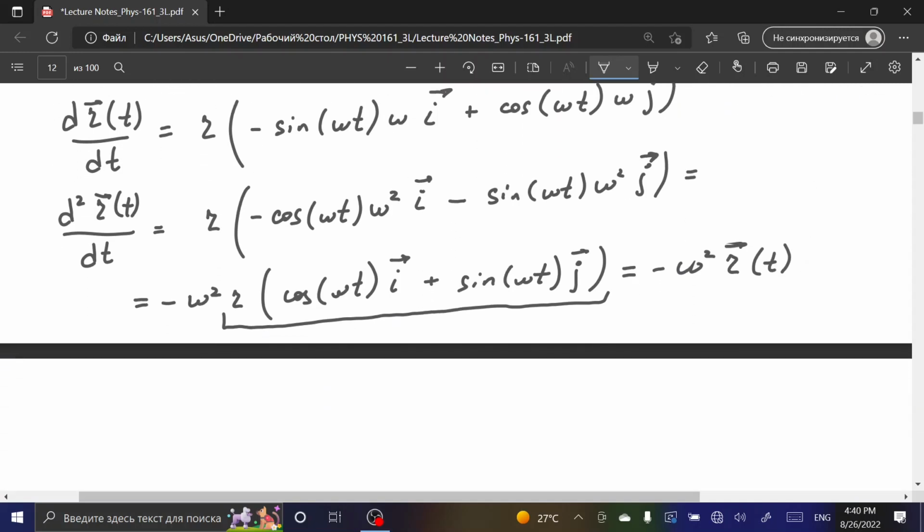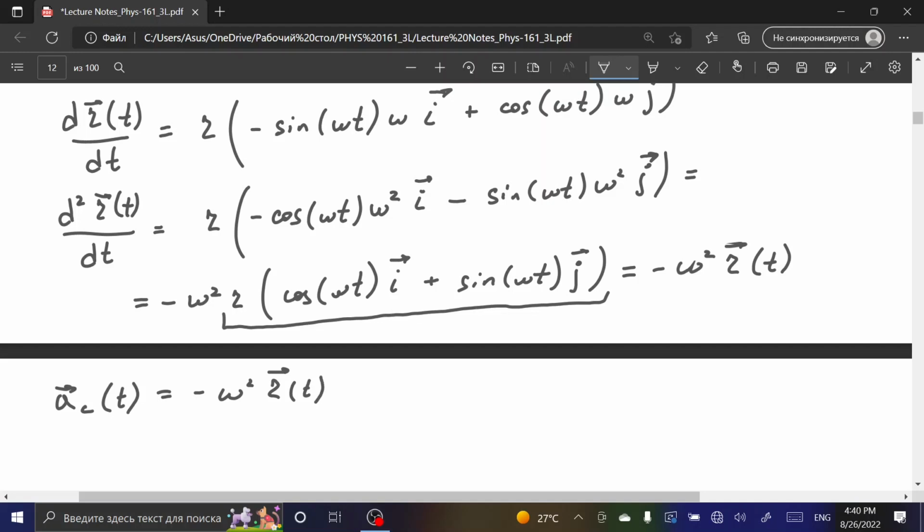So eventually we can write that centripetal acceleration vector as a function of time is equal to minus omega square times r, radius vector as a function of time.